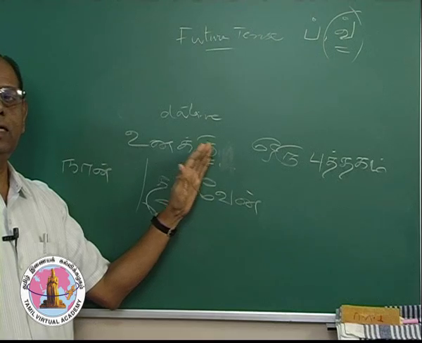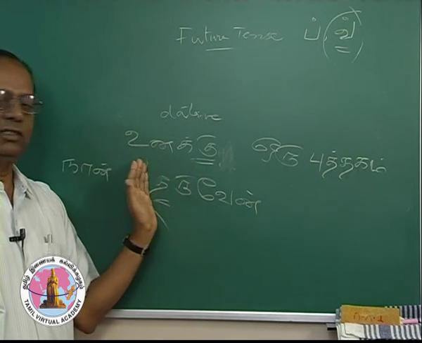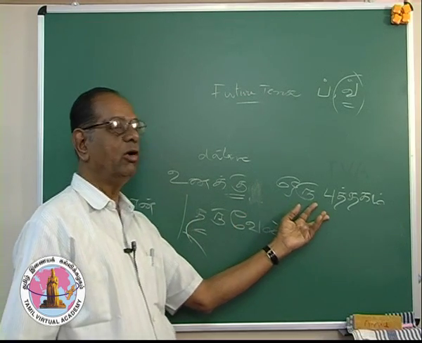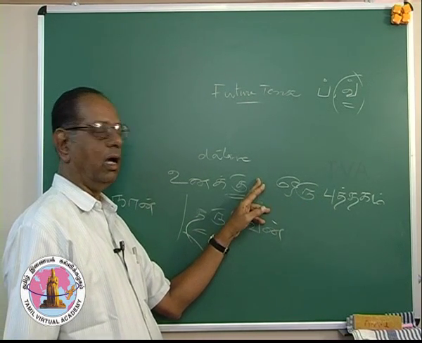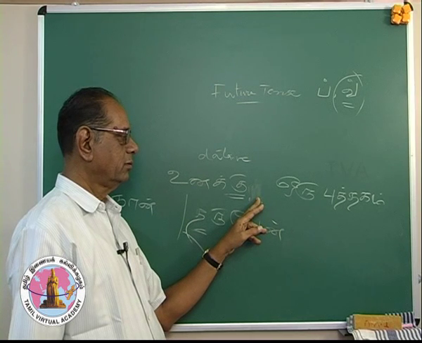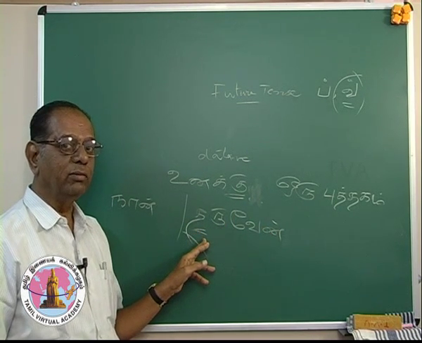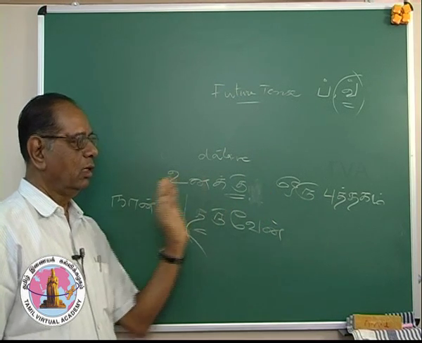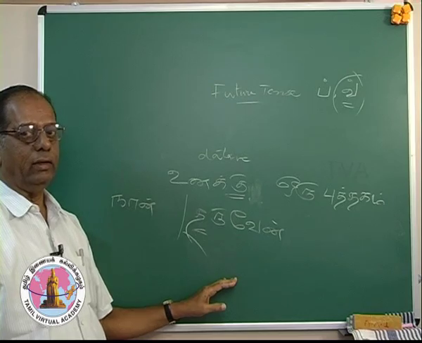When you separate this dative case from the verb, remove it to a distance and insert two more words, naturally this consonant which we introduced because of the tha of the verb is removed. நான் உனக்கு ஒரு புத்தகம் தருவேன்.